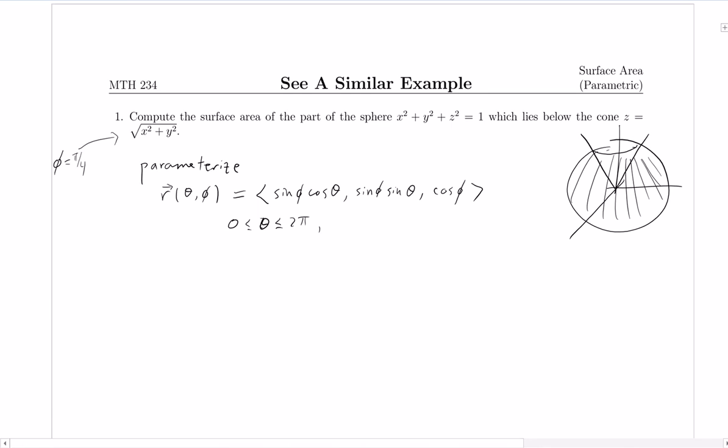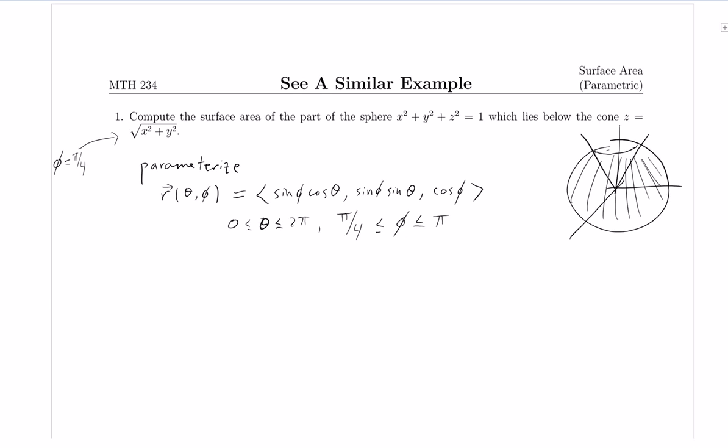And so that will be the lower bound for phi, since we don't want anything above the cone. So phi will start at pi over 4, and it will go all the way down to the bottom, which is pi. Okay, so this is our parameterization of the surface.